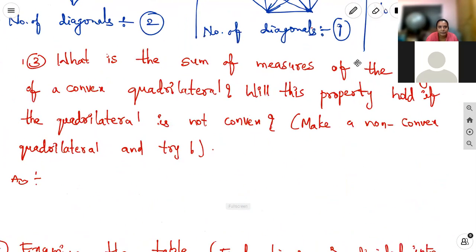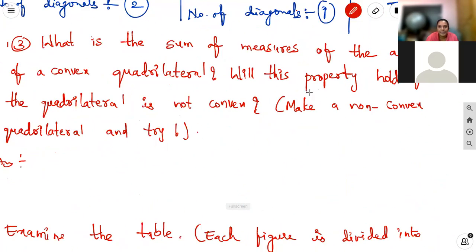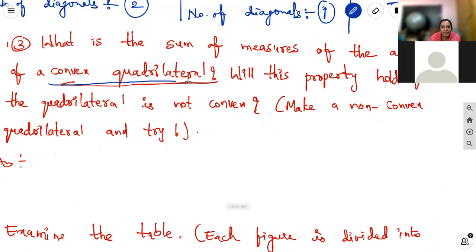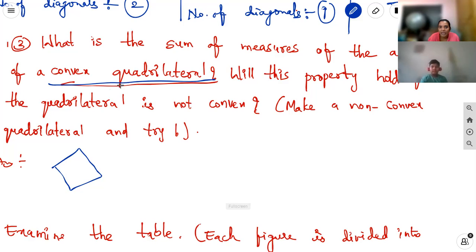Third one: what is the sum of the measures of the angles of a convex quadrilateral? We know that a square is a quadrilateral, a rectangle is a quadrilateral. Quadrilateral means joining of 4 sides.